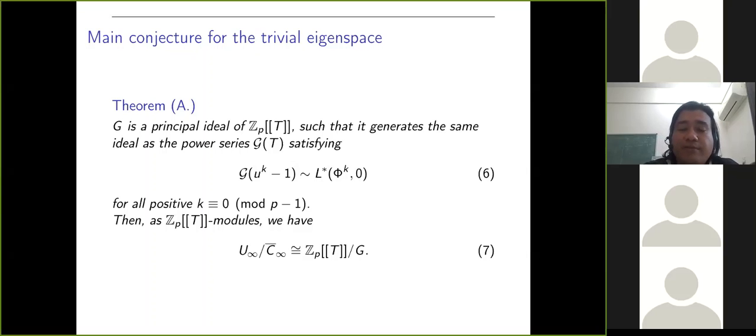On the left hand side we have this trivial eigencomponent, and on the right hand side I have Z_p power series in one variable modulo a certain p-adic L function, calligraphic G and script G. They generate the same ideal in the power series ring over Z_p unramified in one variable. So this solves the problem regarding the missing eigenspace in the result of Coates and Wiles.